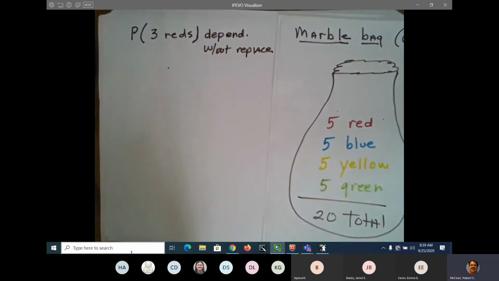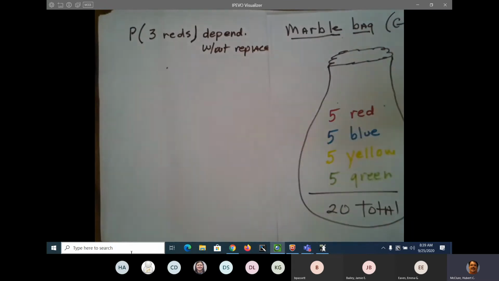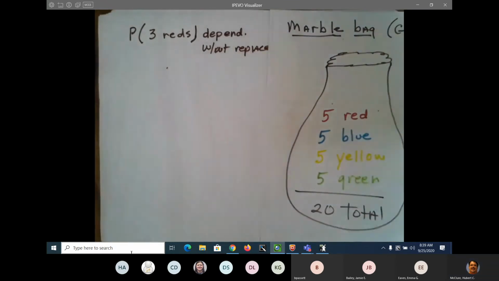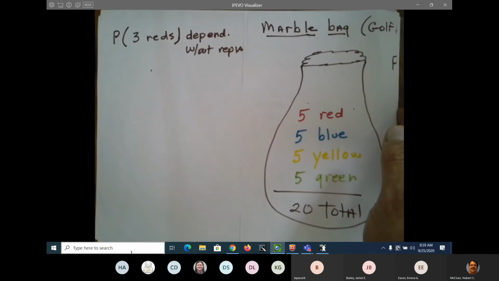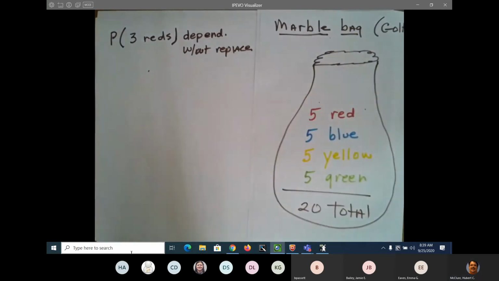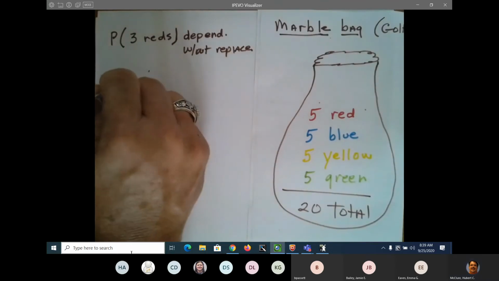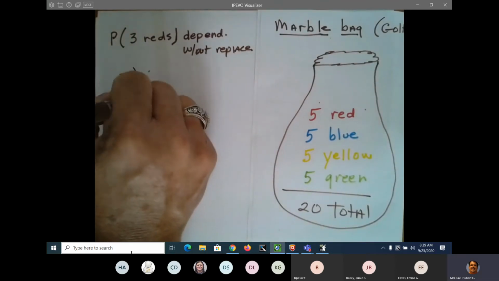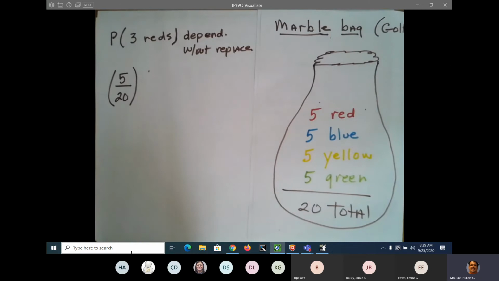Okay, what is the probability of 3 reds without replacement? So the first draw is going to be 5 over 20. And then you take that one that you drew, and instead of putting it in the bag, you lay it on the table.